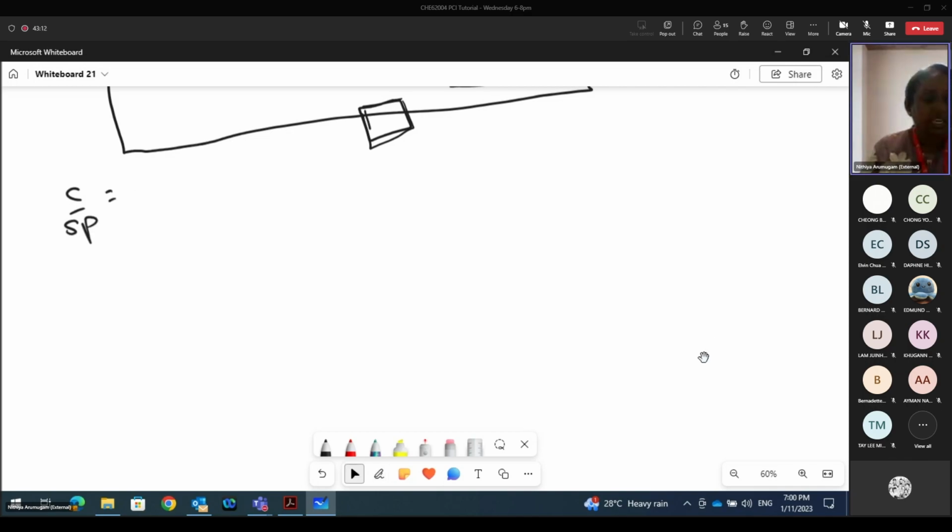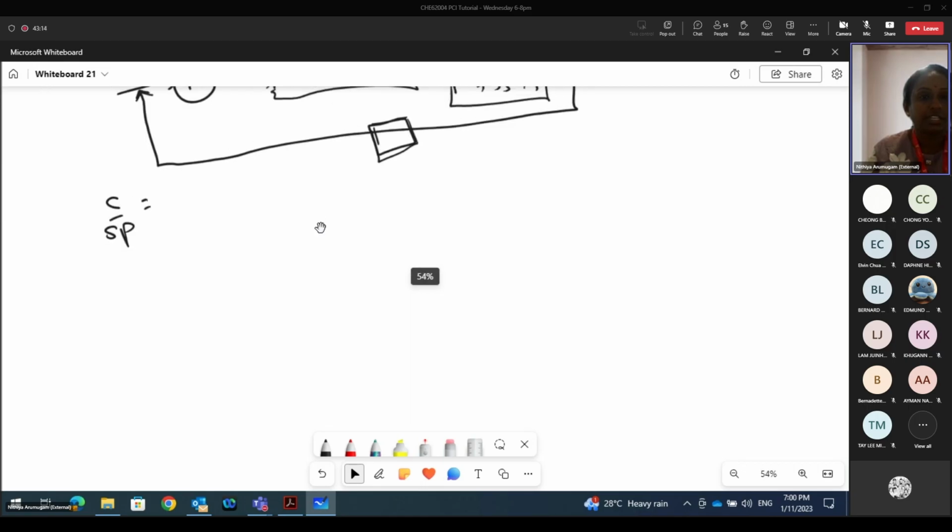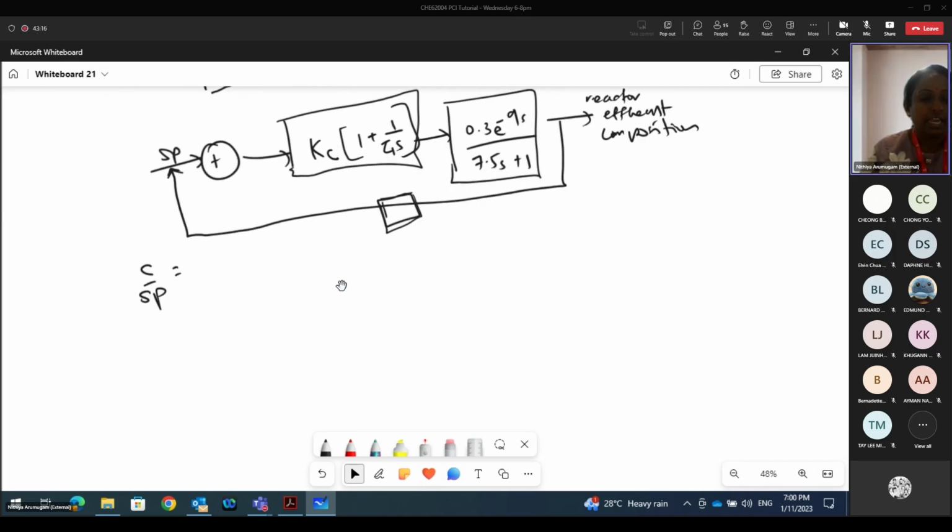Okay, C in this case, if you notice, is in terms of the KC and in terms of the FODT. And for the set point, it will be 1 plus KC times the PI controller. So this is P, this is I, so we need to multiply.